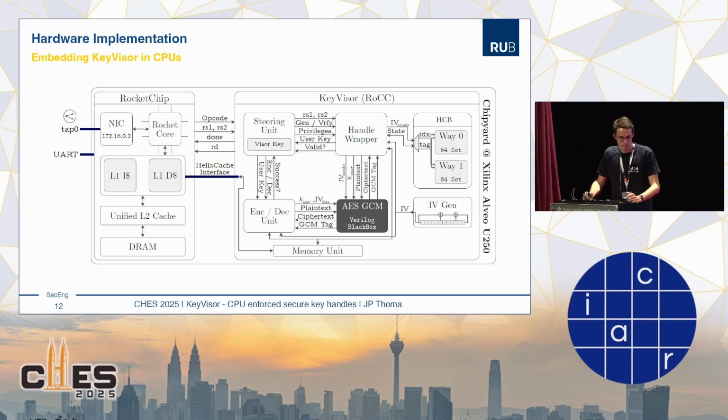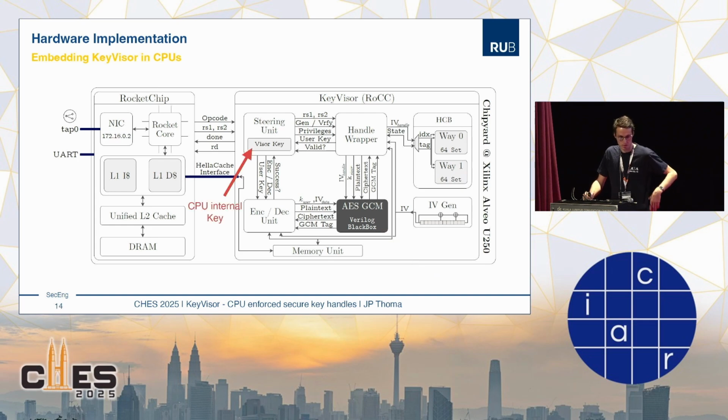And in the KeyVisor extension, we have most prominently the AES-GCM unit, which is used to pack and unpack the user key from the handles. It's also used to encrypt and decrypt the actual user data once the user key has been unpacked.